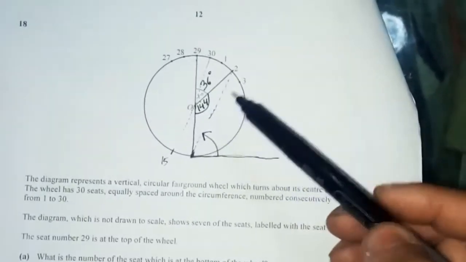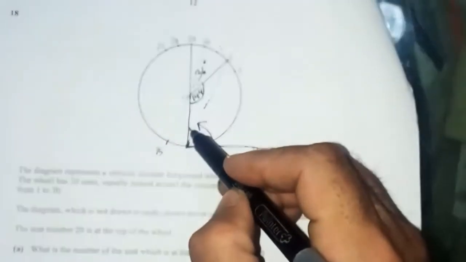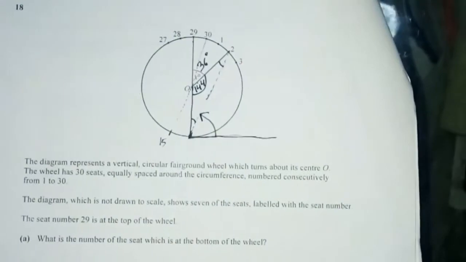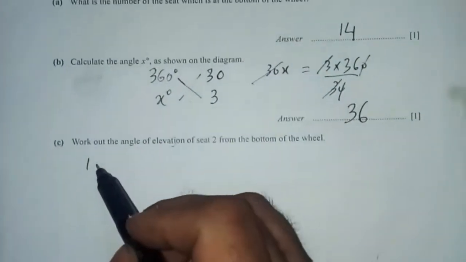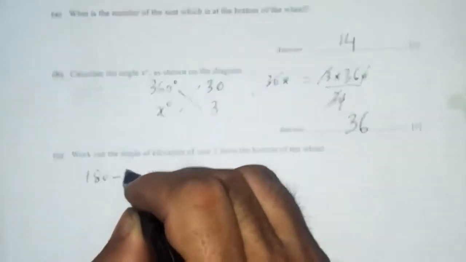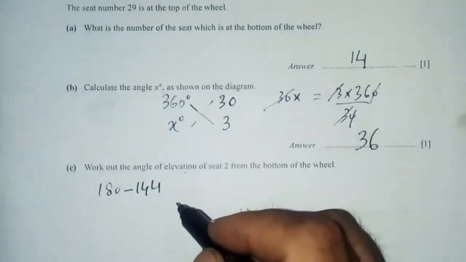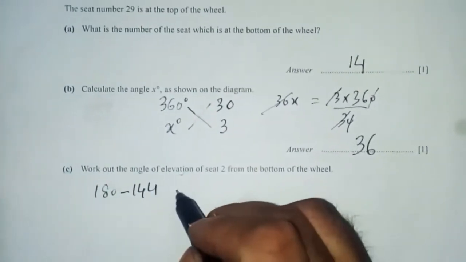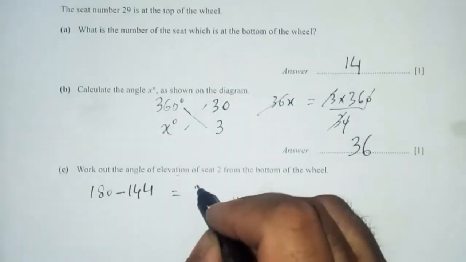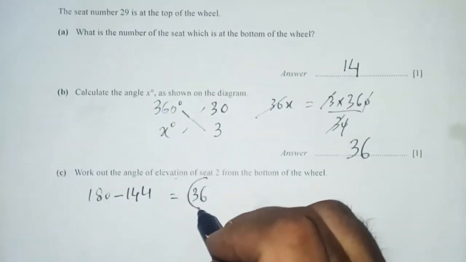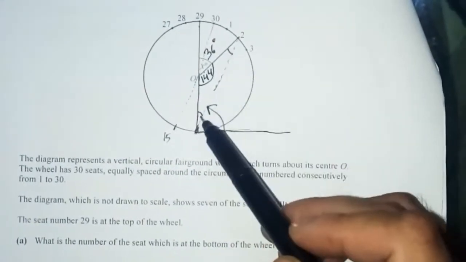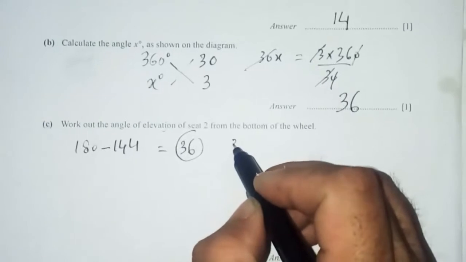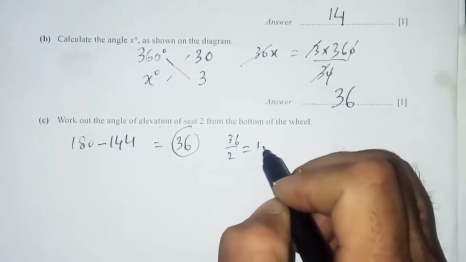Therefore, to calculate these two angles, we have to subtract 180 minus 144, which is 36. This 36 will be divided equally between these two angles. So 36 divided by 2 is 18.